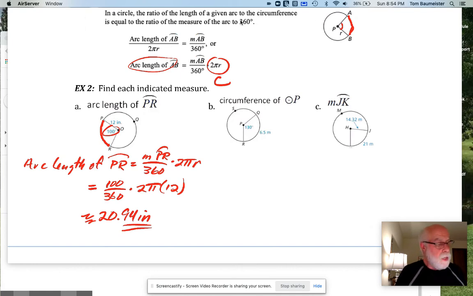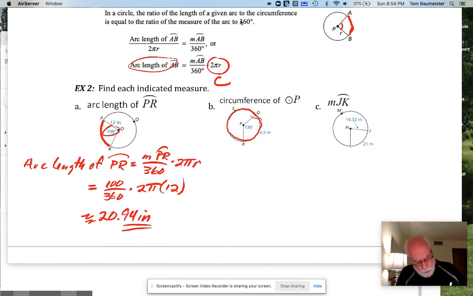All right. So part B, the circumference of circle P. So remember, circumference is the distance around the circle. So we're looking at all of that. All right. So again, arc length. Here, let me use a different color.